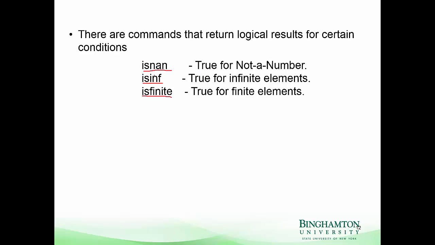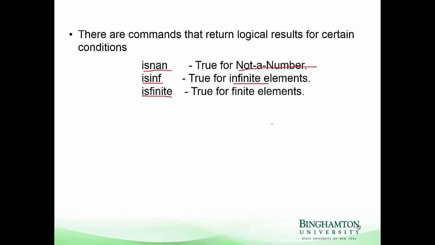Remember, NaN was what we used for not a number, which we get when we have something like 0 divided by 0. If we have something non-zero divided by 0, we get an infinite value. And sometimes we want to check to see whether we have such results, because if we proceed further with those things in our data, it may not give us the kinds of results that we really want.